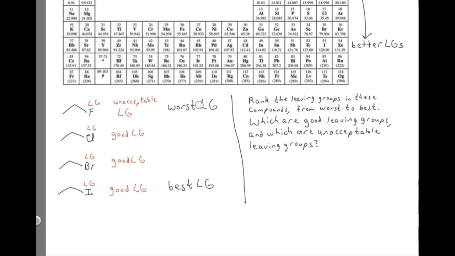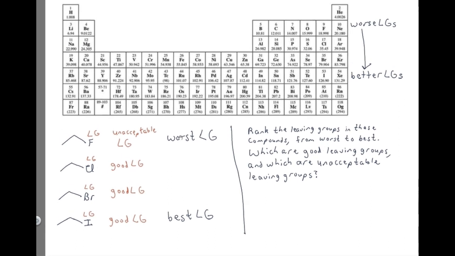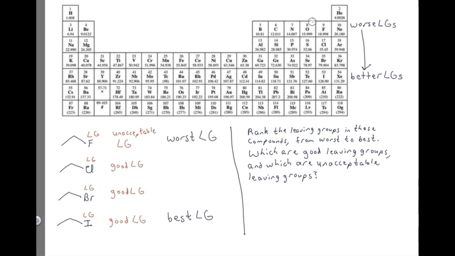And of course, that's consistent with what we already expected. We expected fluorine to be the worst of these leaving groups because it's the highest in the periodic table. And in fact, that makes it an unacceptable leaving group. And we expected chlorine and bromine and iodide to be better leaving groups because they're lower in the periodic table. And in fact, all of those are considered to be good leaving groups.